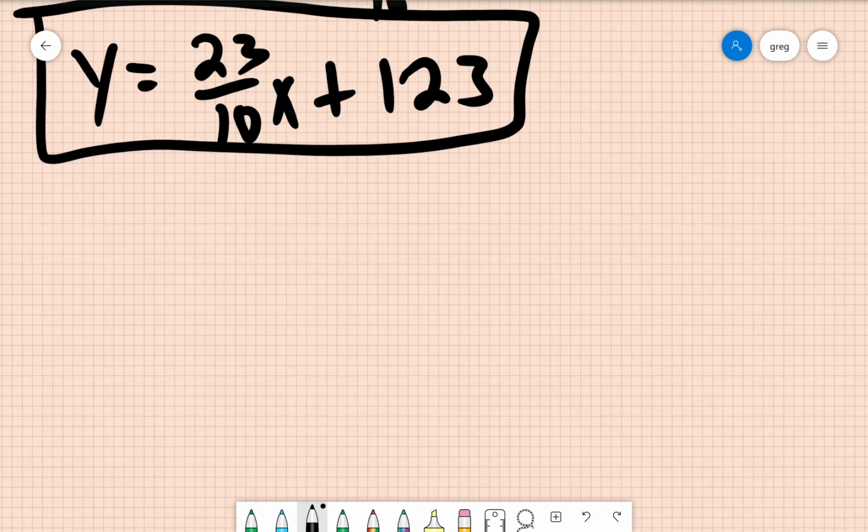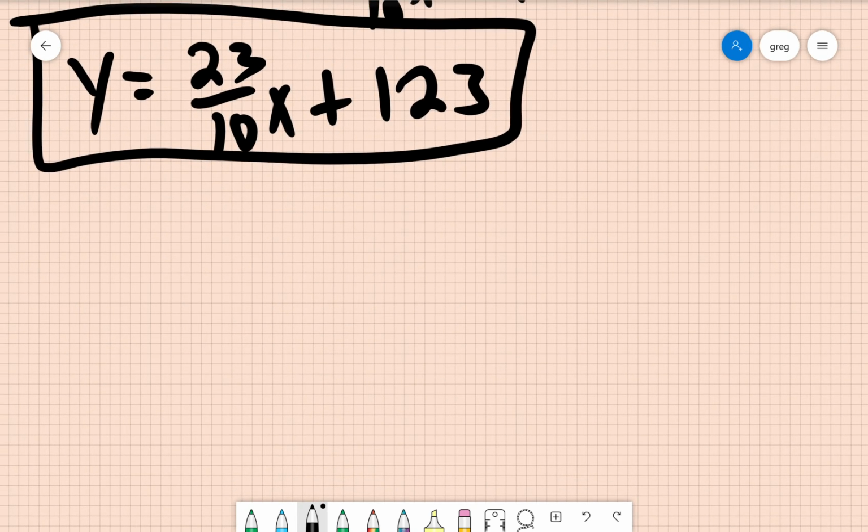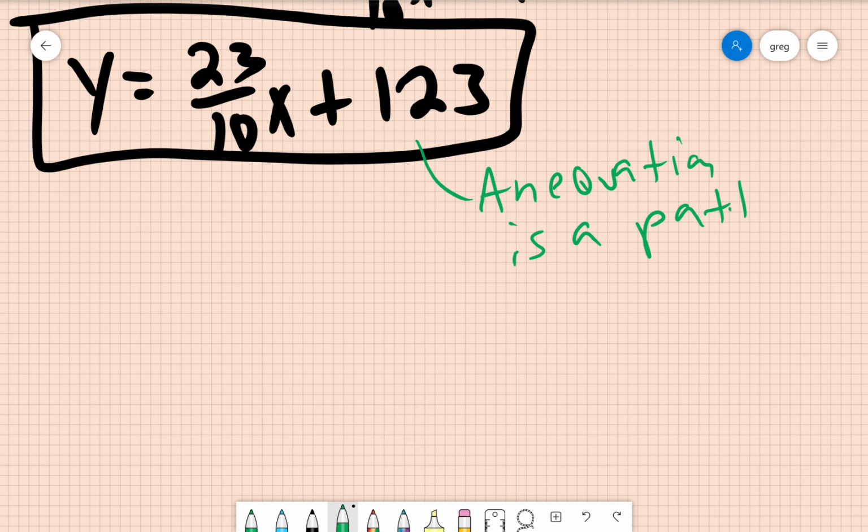But what an equation is, so let's write this out. Because when someone asks you, okay, what are you doing? I'm deriving equations. Oh, what's an equation? An equation is a pattern that helps you make predictions.